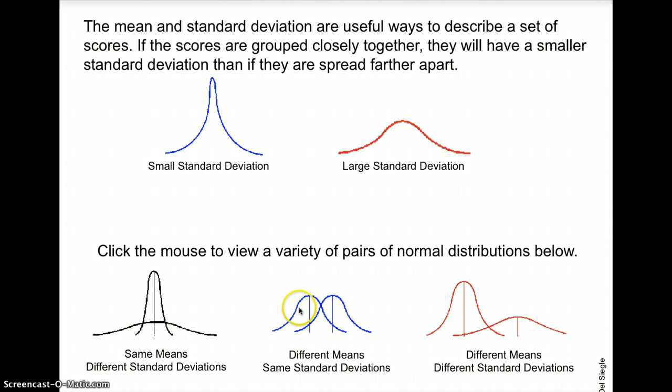Here we have the same standard deviation value, so the shape of the first and second bell curves are the same, but the middle of those graphs are different because they have different means. And in this third example, we have different means, so the middles are at different points, and they have different standard deviations, which means the height and narrowness of the curves are different as well.